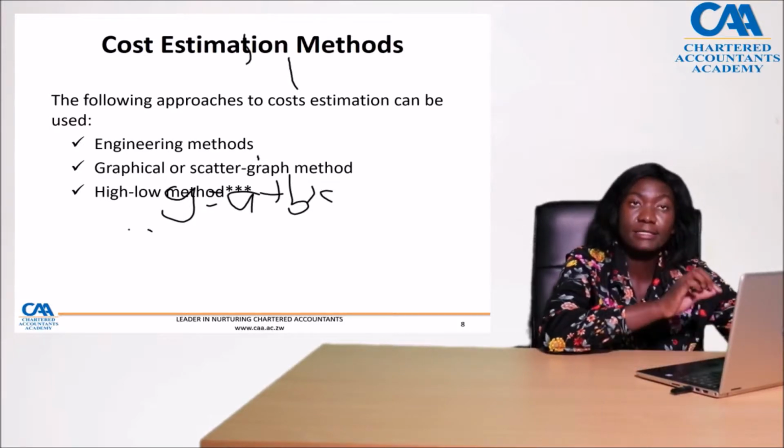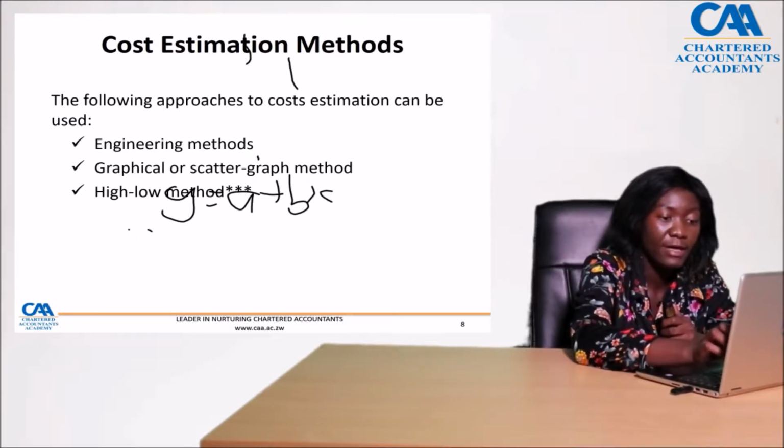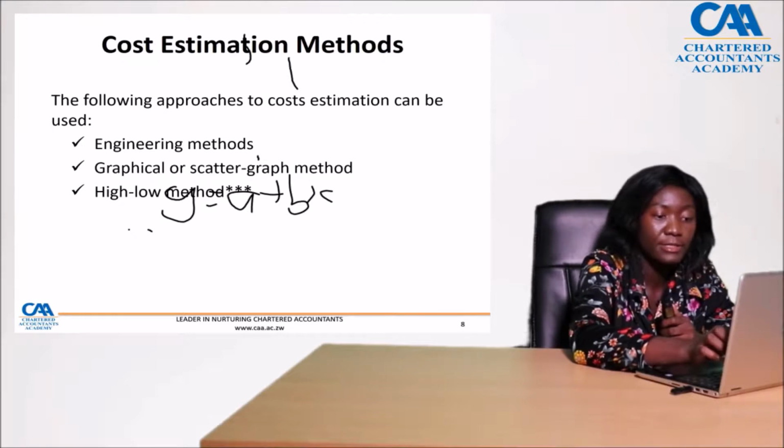From there, I determine my variable cost per unit, which is $8 per unit.